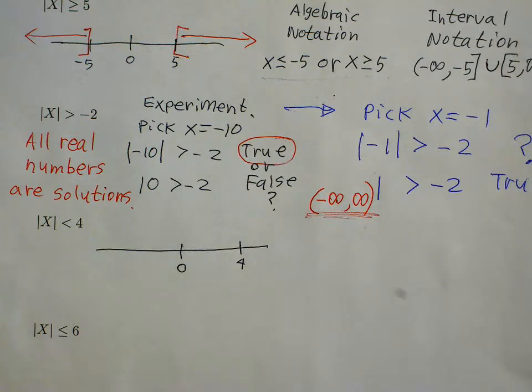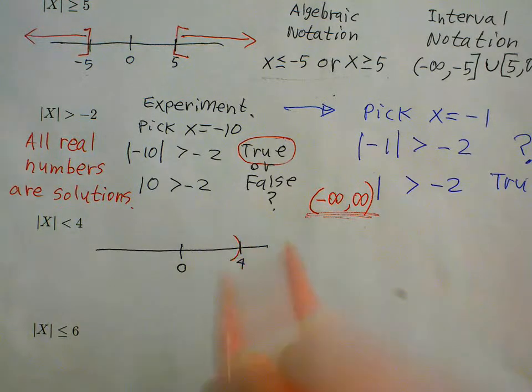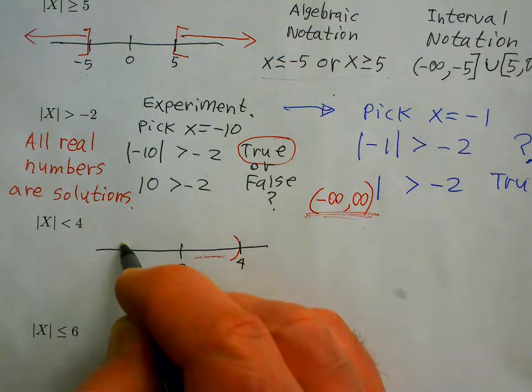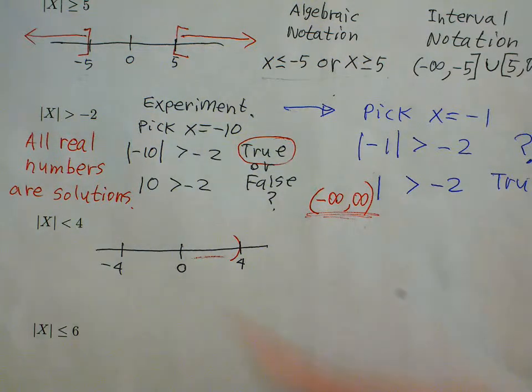Between 0 and 3, yeah. We know that these numbers between 0 and 4, and we exclude 4, these numbers right here have a distance from 0 less than 4. But there are also some negative numbers whose distance from 0 is less than 4.